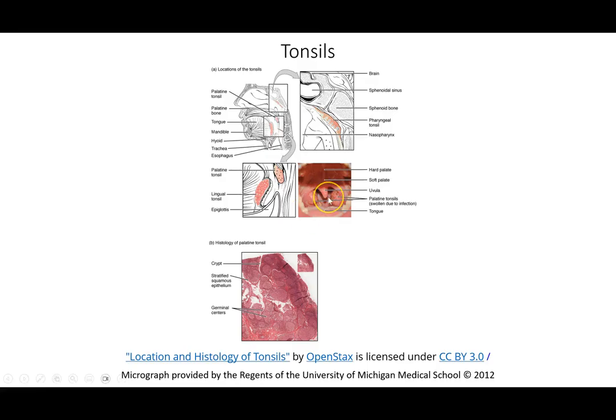And then we also have a lot of crypts, so these depressions in the tonsils, which is going to allow certain materials to accumulate, which is going to help encourage pathogens to get deep into that tissue where we have those germinal centers of B and T cells, which are then going to learn to recognize those and start actively destroying them. This happens especially in children, so they tend to have a lot more tonsil problems than adults do.